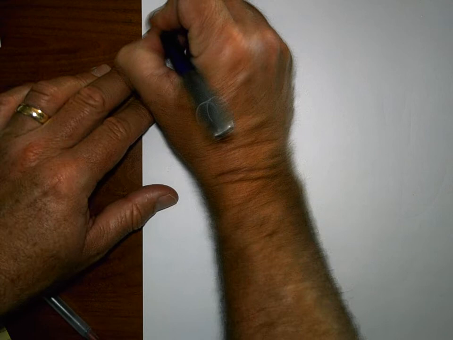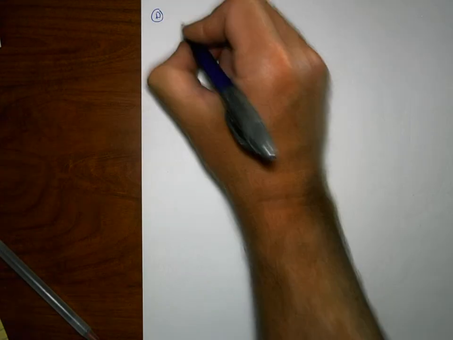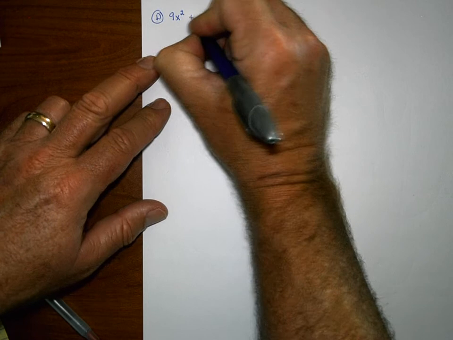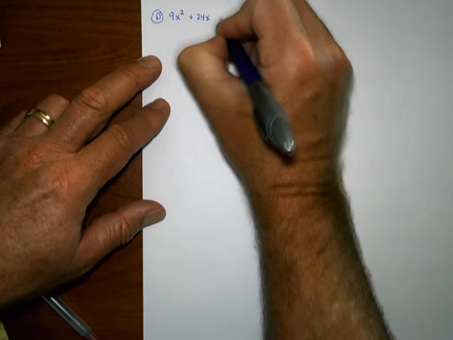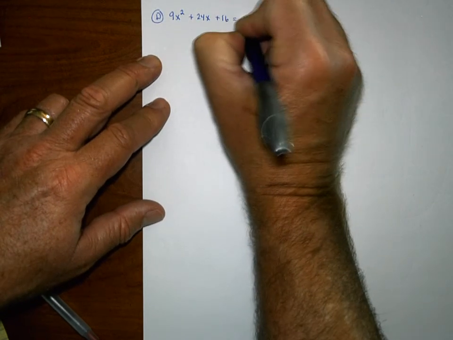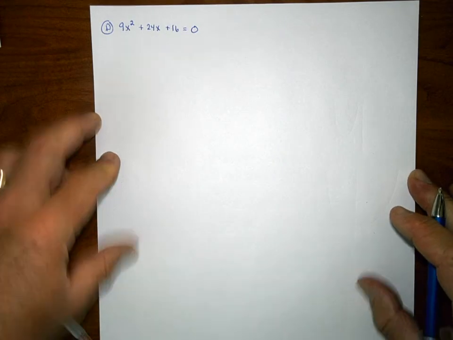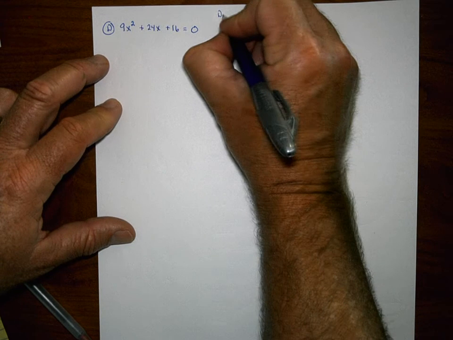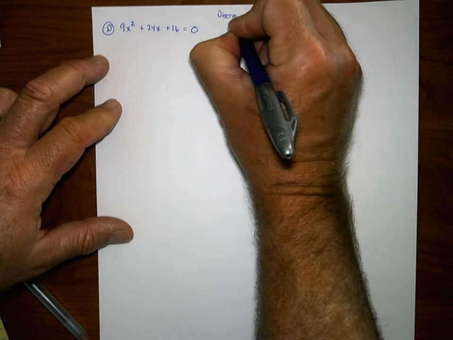So here we have D. 9x squared plus 24x plus 16 is equal to 0. So the first thing that we're going to do in this equation is determine the value of the discriminant. So remember, the discriminant is a part of the quadratic formula.